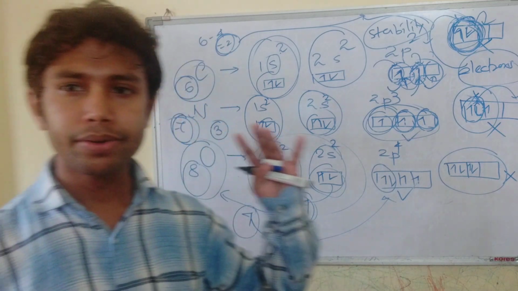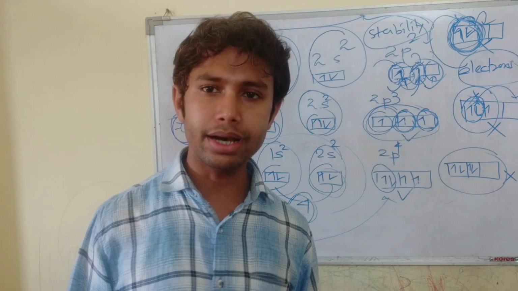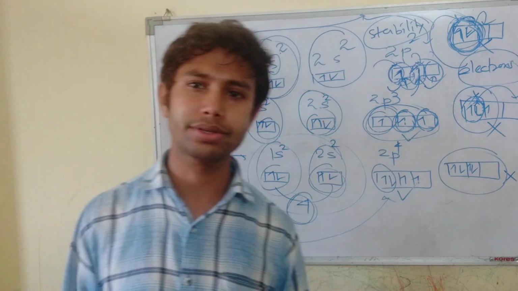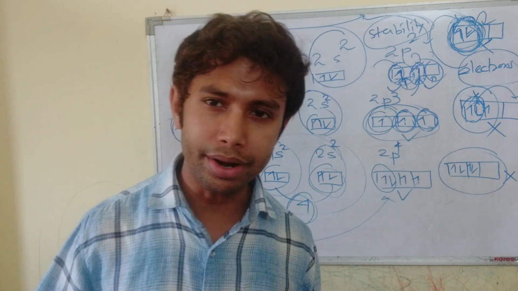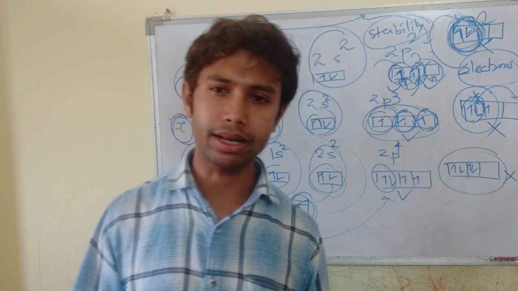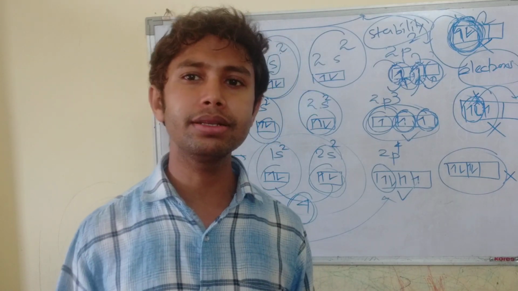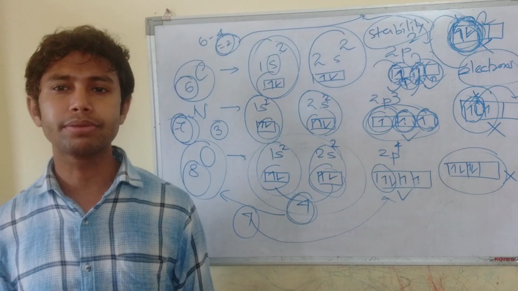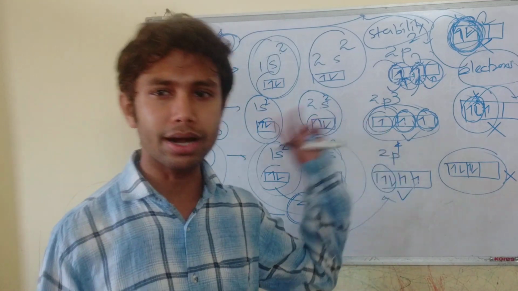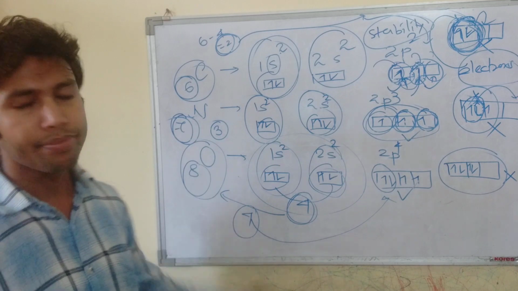So we have at last understood the 3 different rules to describe the electronic arrangements of an atom of an element. First we have seen Pauli's exclusion principle, second Aufbau principle, and third Hund's rule of maximum multiplicity.